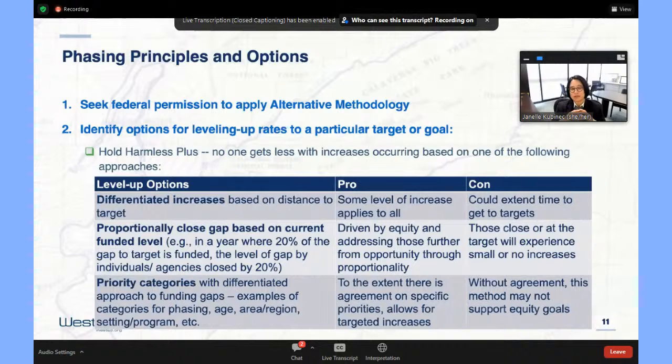Examples could be creating categories for phasing, where it's based on age, or area or region, or setting or program, or profile of child, or profile of workforce, so that there are components that get funded that create the reference to what is actually getting added. The pro here is if you have agreement on what those priorities are, it allows for targeted increases. But without the agreement, this method may not support your equity goals.